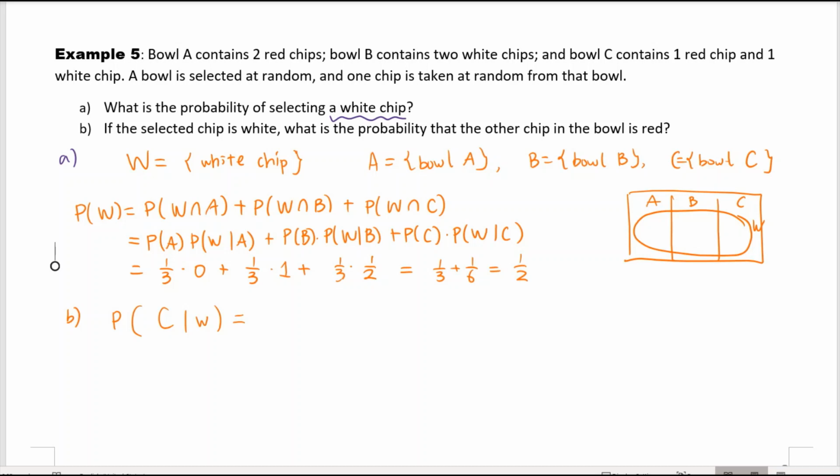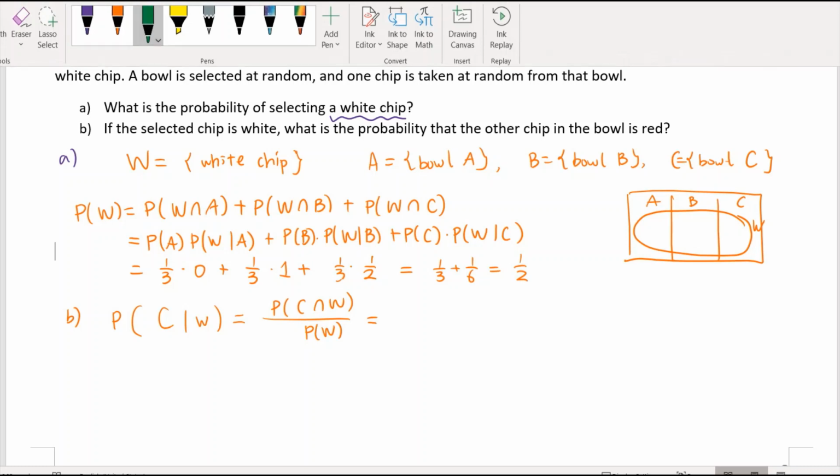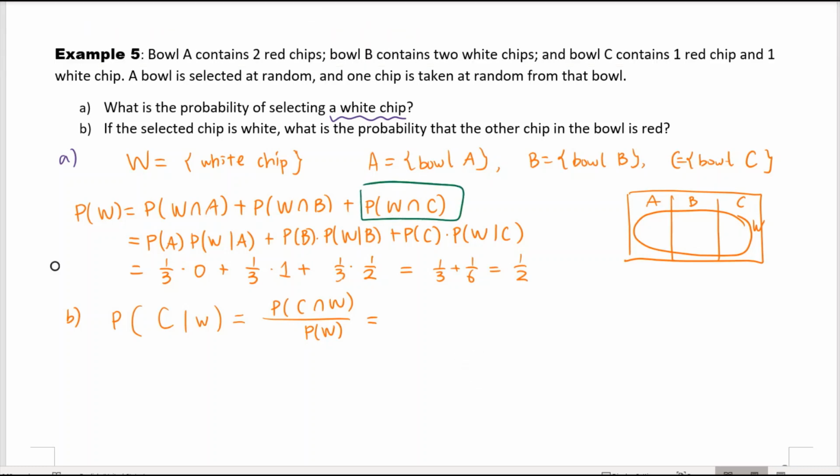By the conditional probability, this is P of C and W over P of W. C and W, what is that? Right here. So this is 1/6. P of W is 1/2. So the answer is 1/3.